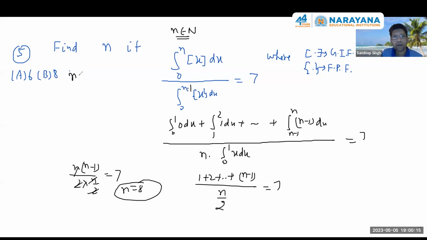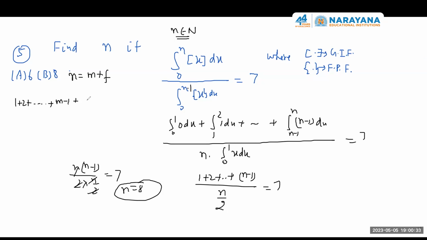And suppose I take n as I plus f, or let us say m plus f. तो ये न्यूमरेटर कहां तक बनता? So the numerator would have gone up to till what value? m minus 1, and then from m to n.